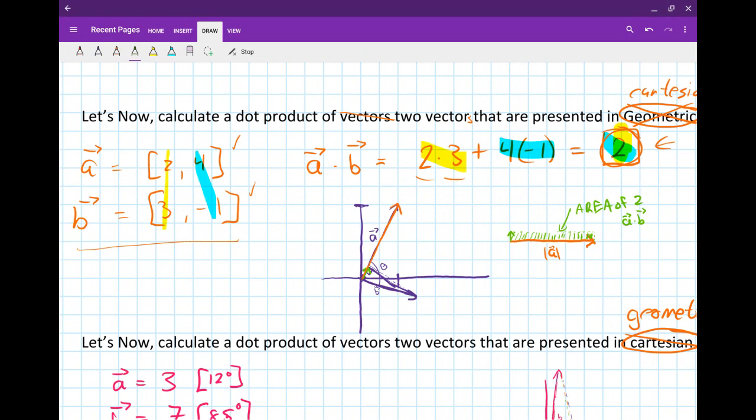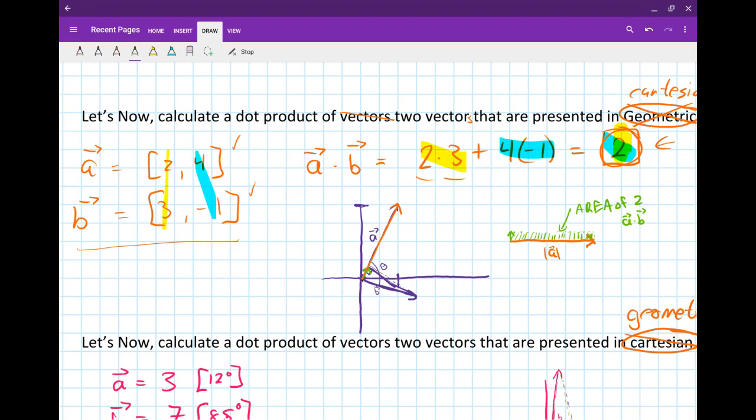I'm not saying that's an application question right there. That's simply the essence of the dot product, a geometric interpretation of the act of taking 2 times 3 plus 4 times -1 and getting the answer of 2. How would a mathematician imagine this?